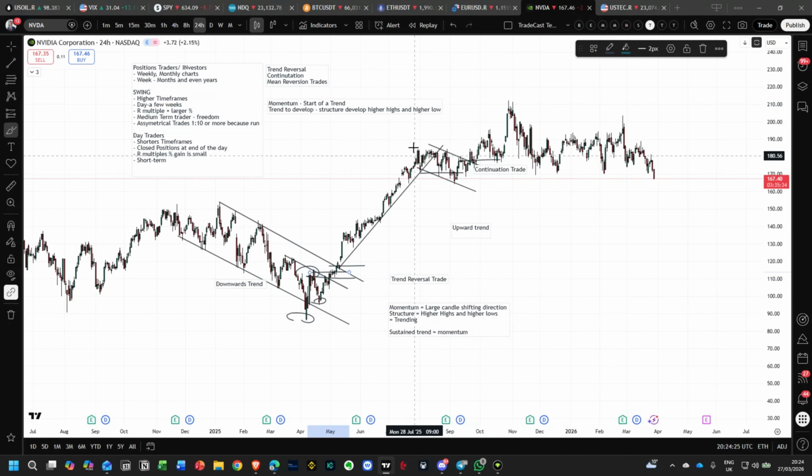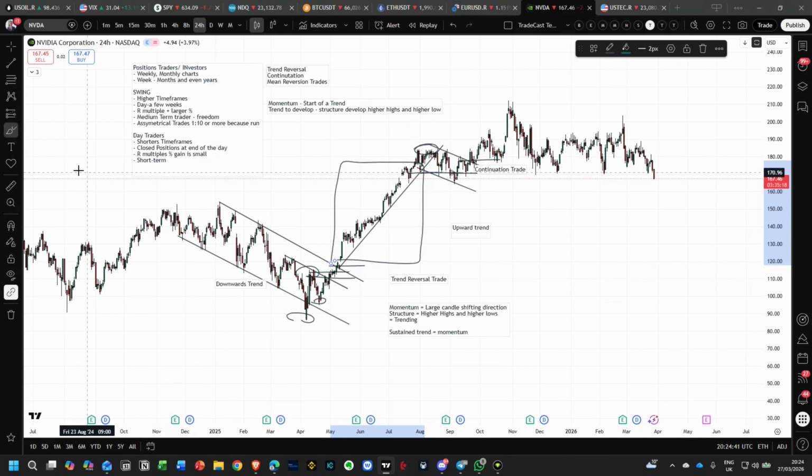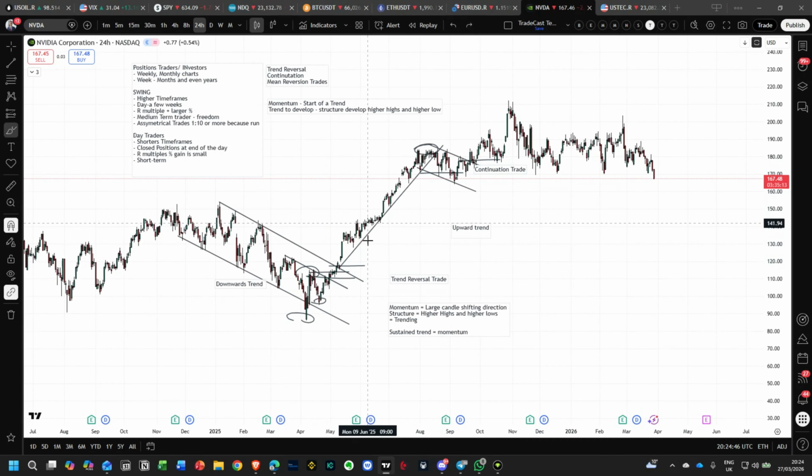I'm also not looking to exit here because I'm still looking to ride this trend. I'm probably going to exit around this level. So we're looking to capture this zone here, which is about 60% of a trending move. Okay, that's what we're looking for. We're looking for a sustained trend, and we're looking for high probability to be able to make some decent profits here.